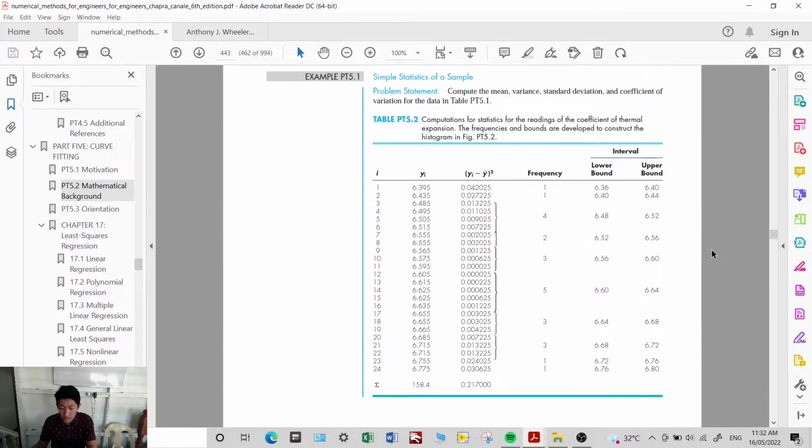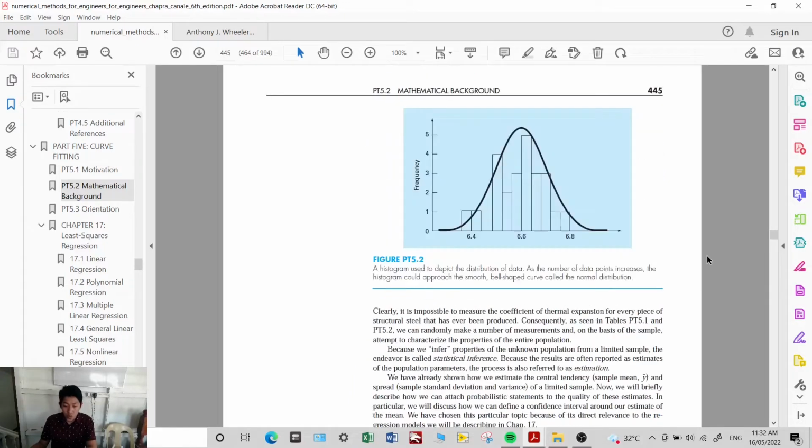By the way, that is just a review. Your data points will actually look like this, a normal distribution.